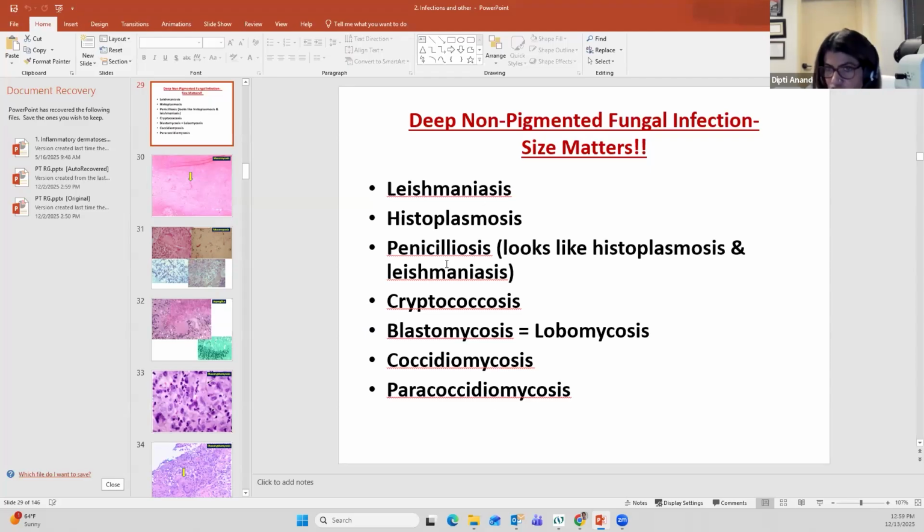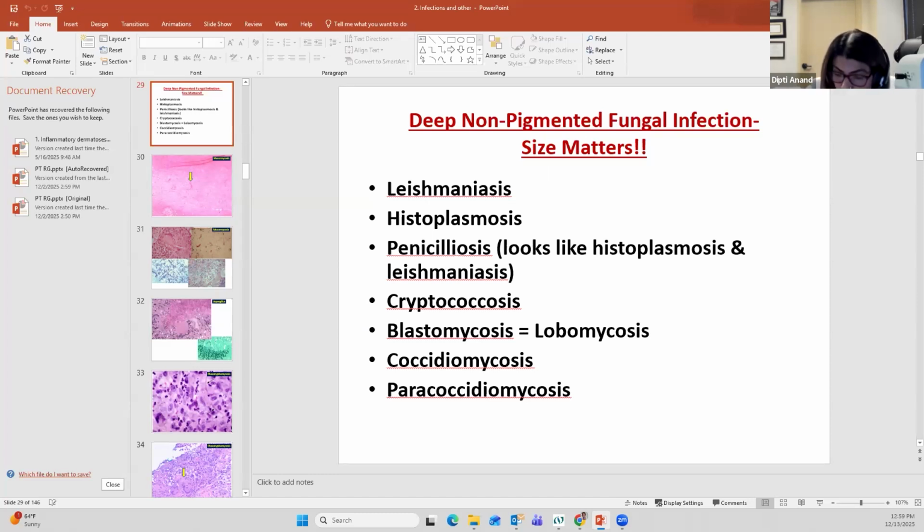These organisms, Leish, histo, and penicilliosis, often produce what are known as parasitized histiocytes. They are so tiny that histiocytes will ingest them. So sometimes they look like clusters, filling up and expanding a histiocyte. So the term parasitized histiocytes is often referred to these infections. Okay, so now let's look at these infections and try to recognize them.